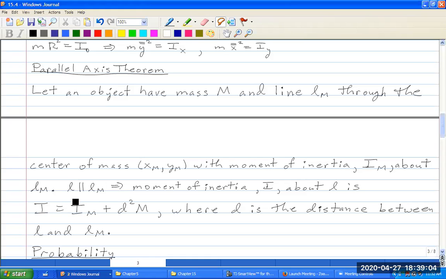Then if L is parallel to L sub m, the moment of inertia I about L is I sub m plus d squared m, where d is the distance between the lines L and L sub m.